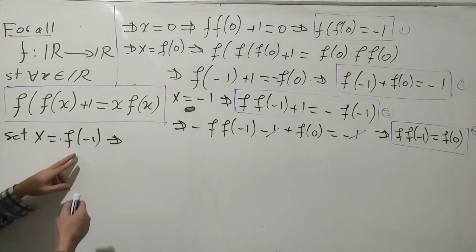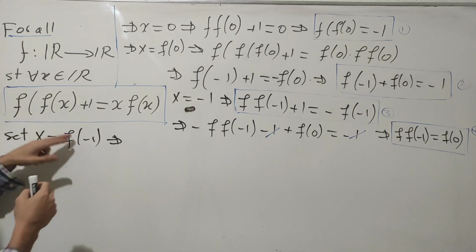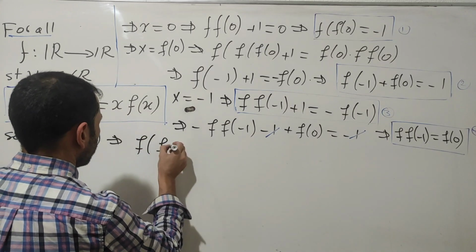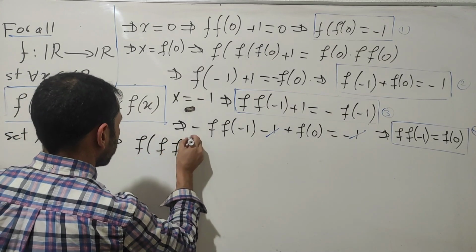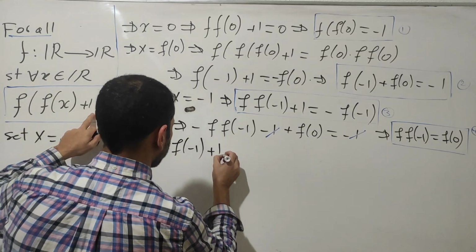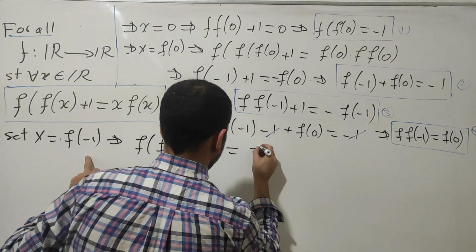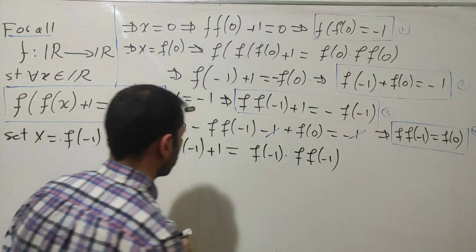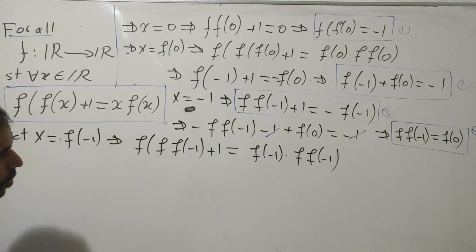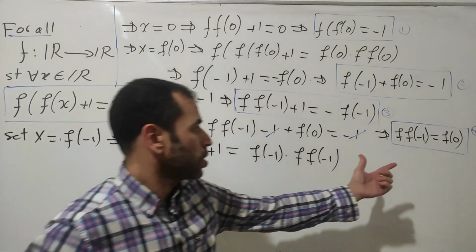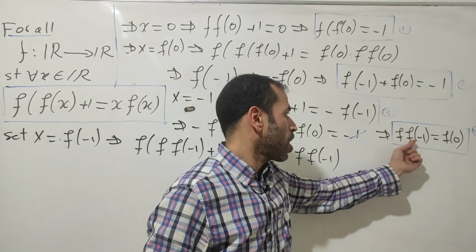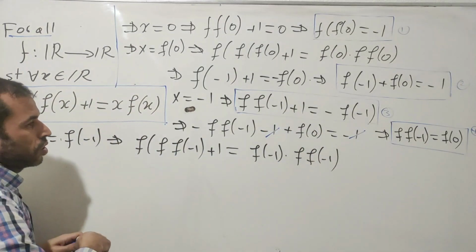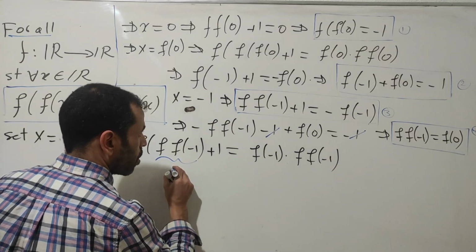Taking this value of x and inserting it back into the original equation, I get f of (f of minus 1 plus 1) equals f of minus 1 multiplied by f of minus 1. If you take a look at equation number 4, f of minus 1 equals f of 0, so this one is going to be replaced with f of 0.